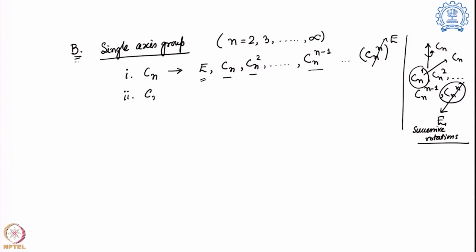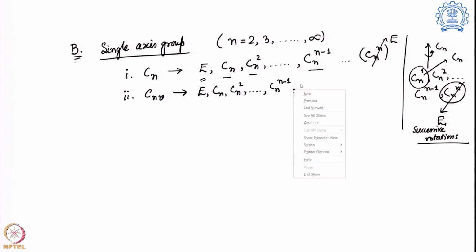Then a point group Cnv is possible, where in addition to this single axis rotation system we can have n number of sigma v's.